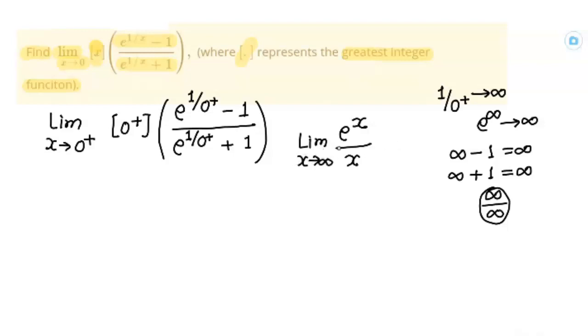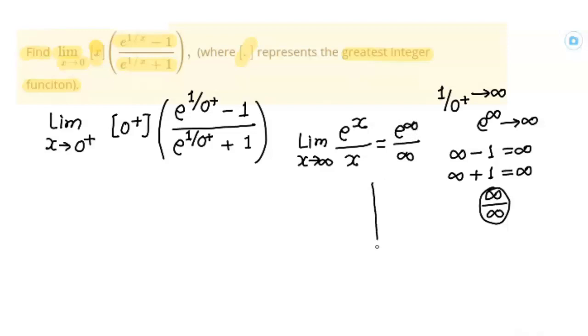What will be its value? We will see which infinity is greater. The value of both is infinity, but which infinity is greater? e to the power infinity is greater.